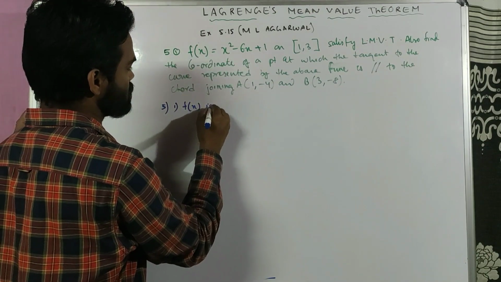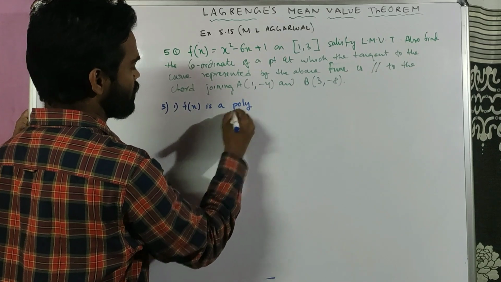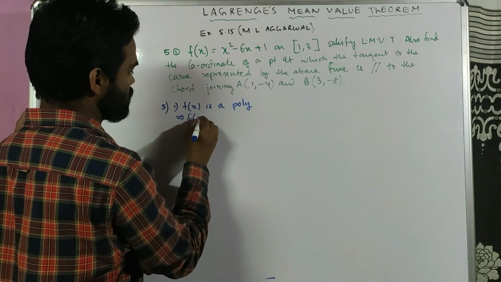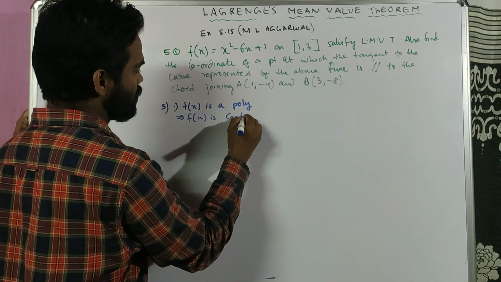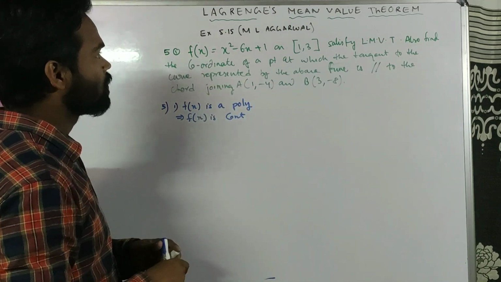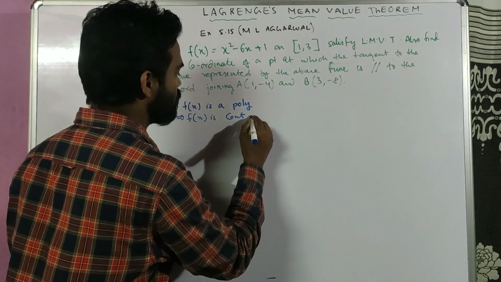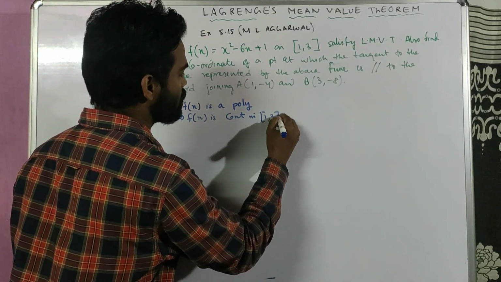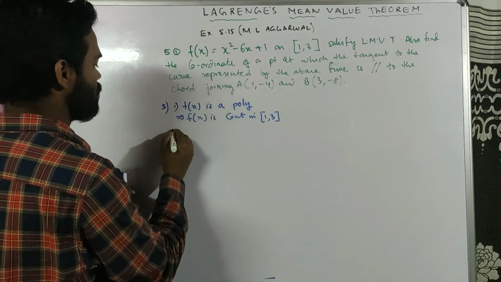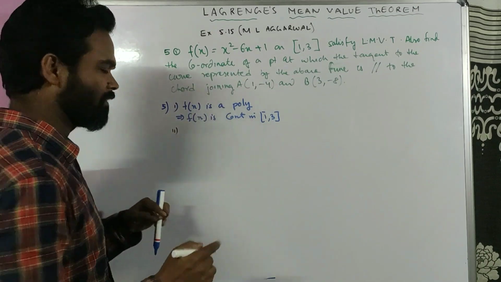f(x) is a polynomial, which means f(x) is continuous in closed interval [1, 3]. Now see, clearly we can say it's derivable also.